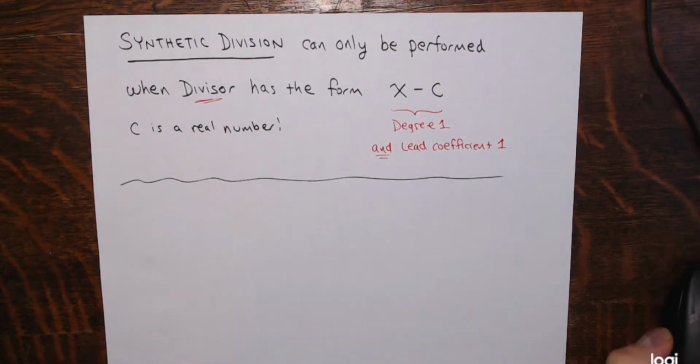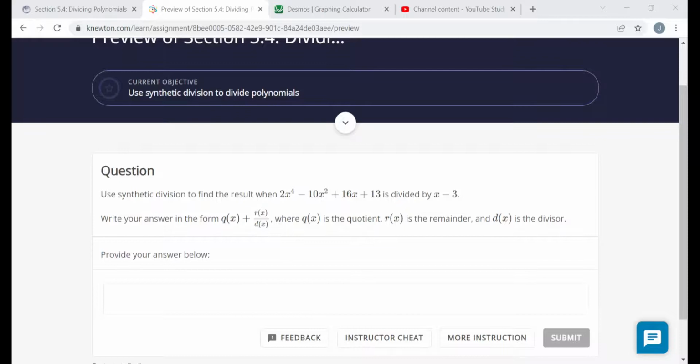So, look at their example here. The question they're giving us is, take this degree 4 dividend and divide it by x minus 3. You see the divisor is a degree 1 with a lead coefficient of 1, so I can use synthetic division. And see how they're asking us to write the result as quotient plus remainder over divisor, like I've been saying.